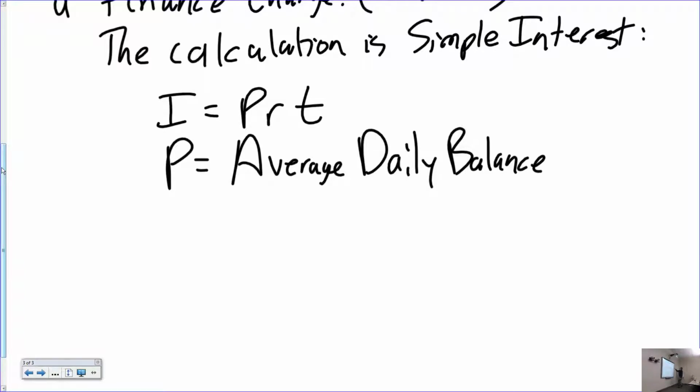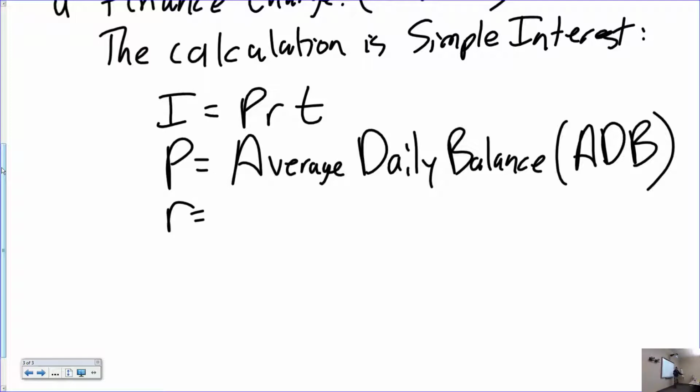Okay? Most credit card companies abbreviate this with the phrase ADB. In fact, they don't ever have to actually say the phrase average daily balance. They actually can just use the abbreviation and assume that you know what it means. They lobbied for that very hard to make sure that they didn't have to say average daily balance, right?